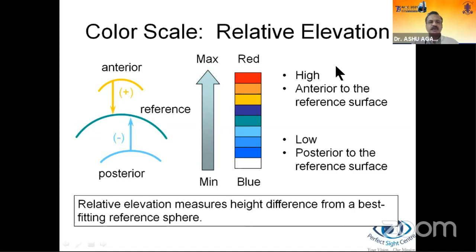For relative elevation, there's a reference surface which is taken. I'll talk about it a little later. And anything above that is called anterior. Anything posterior than that is shown as a cooler color like blue color. And green is the reference surface, and anything higher than that or anterior to that is shown as a warmer color like the reds and oranges.